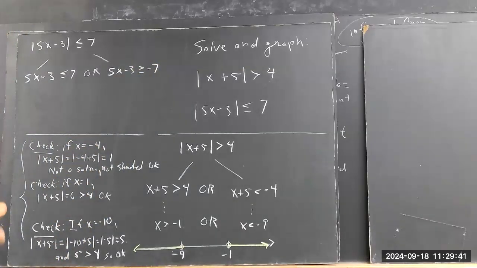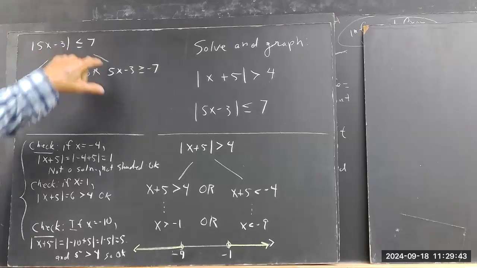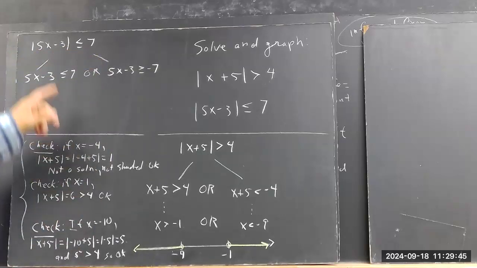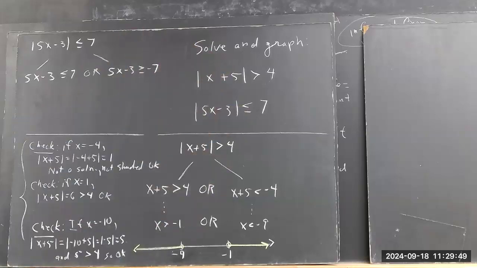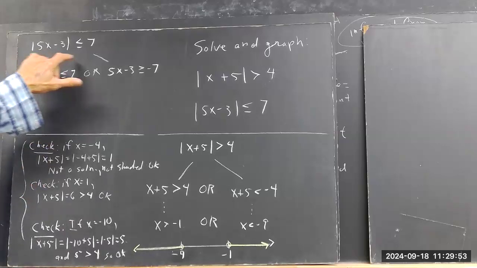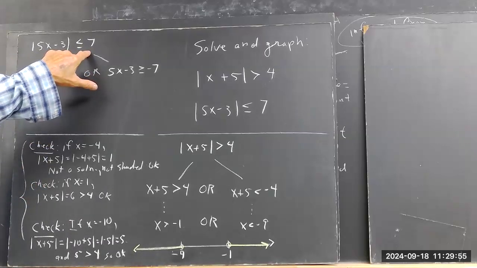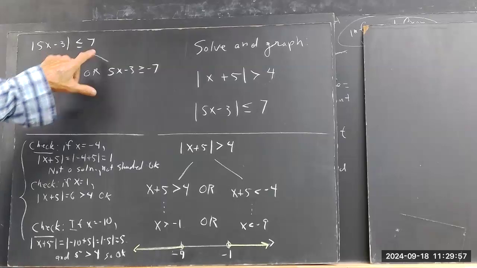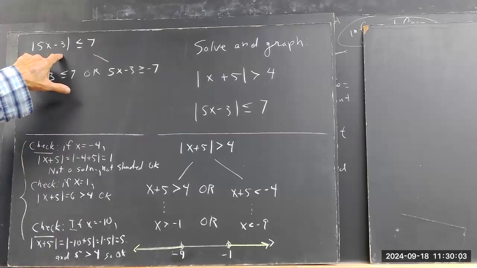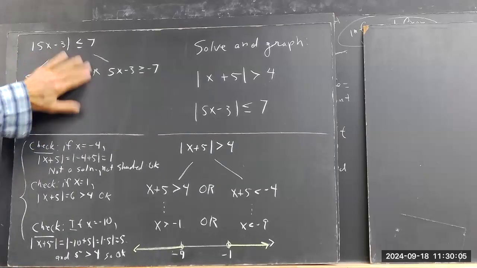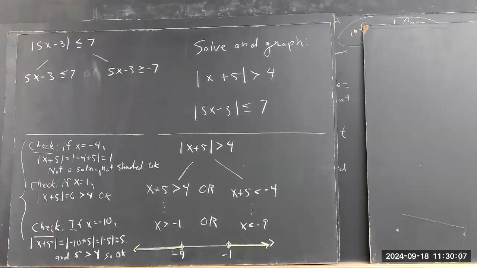So why is that so? For a number to be less than or equal to 7, it can't be a big positive number because that would be bigger than 7, right? And it can't be a big negative number because the absolute value of a big negative number is going to be bigger than 7. So we say that as long as what's in here is, I put or there.